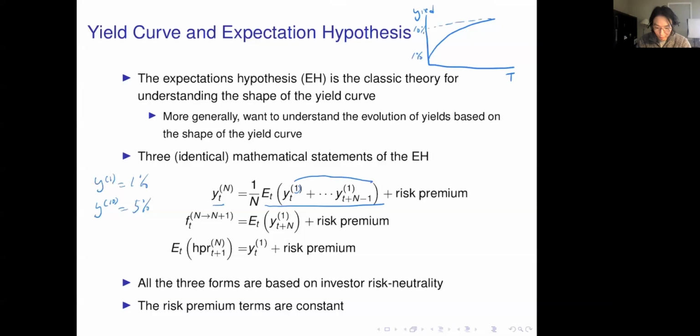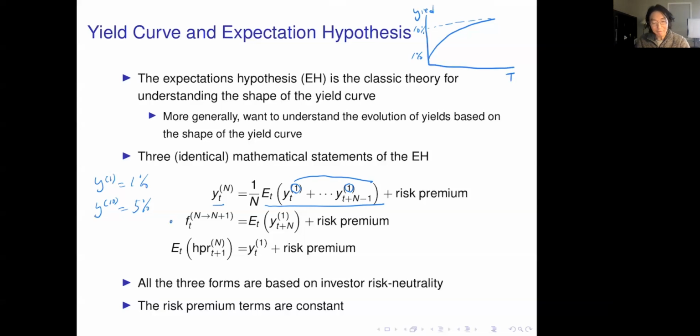Look at this. These are all 1-year future interest rates. The expectation of the 1-year future rate is going to be greater than the current 1% rate. In other words, the upward sloping yield curve predicts that future short-term rates are going to be higher. That statement is basically the same as the second statement mathematically.